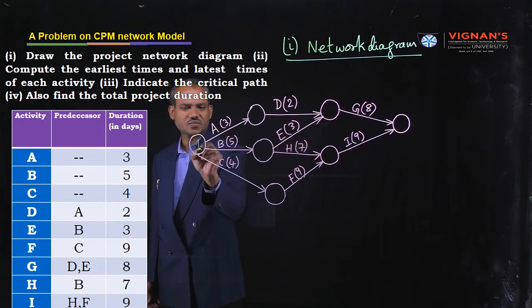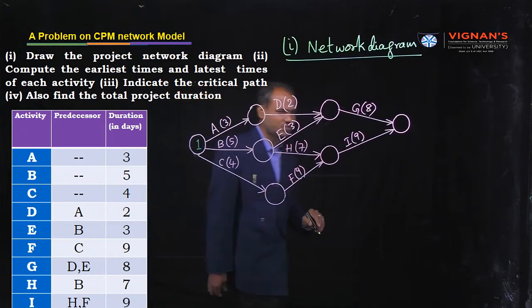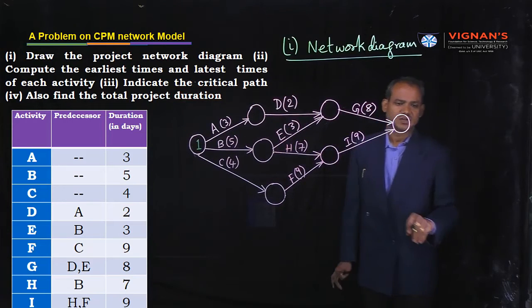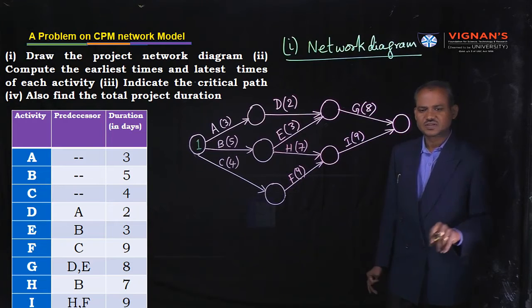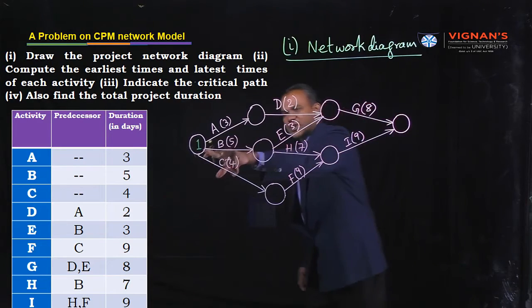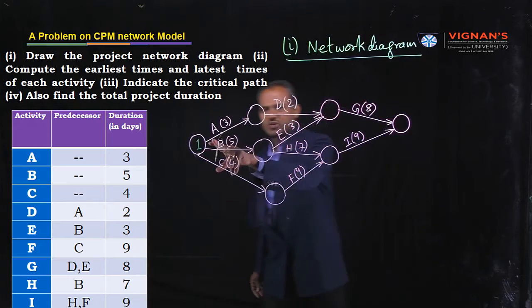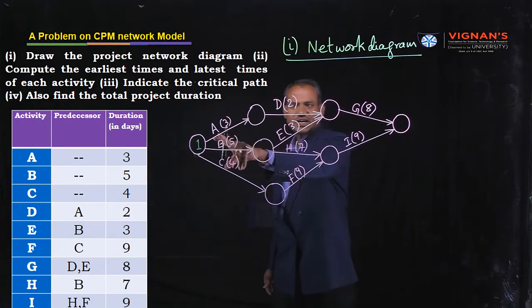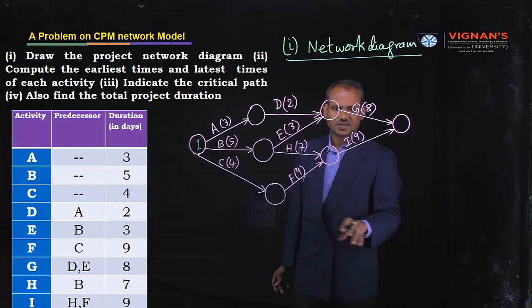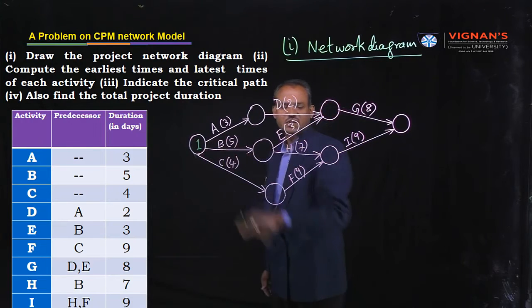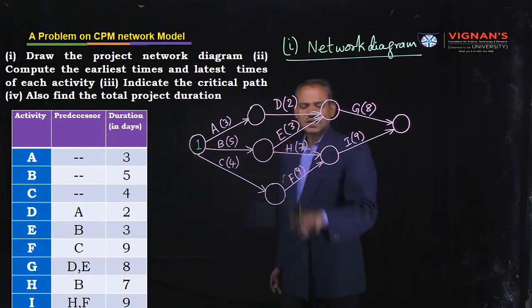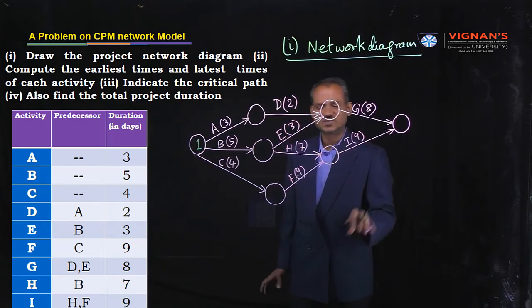Give some numerical value. First numerical value 1. Number 1 node. Next, observe. From node number 1, 3 arrows are coming. Consider one by one.